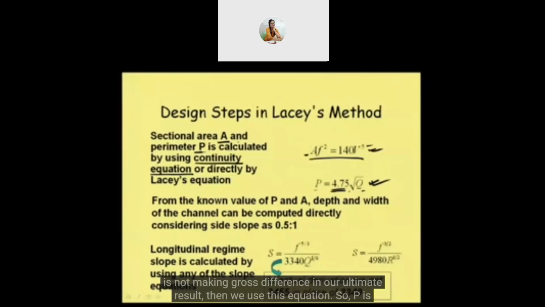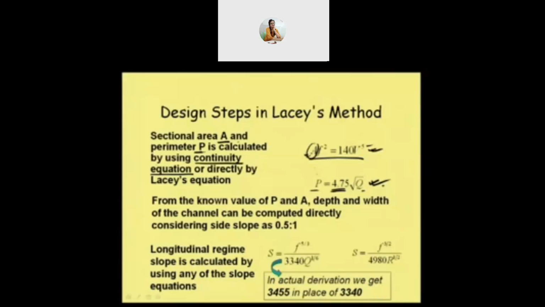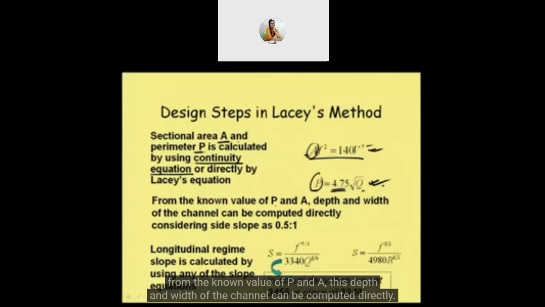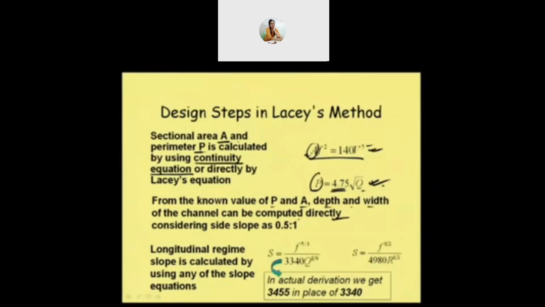And so we use this equation. P is equal to 4.75 root over Q is the equation which is used for calculating the perimeter. Now, after calculating the perimeter, after having the area, from the known values of P and A, the depth and width of the channel can be computed directly.